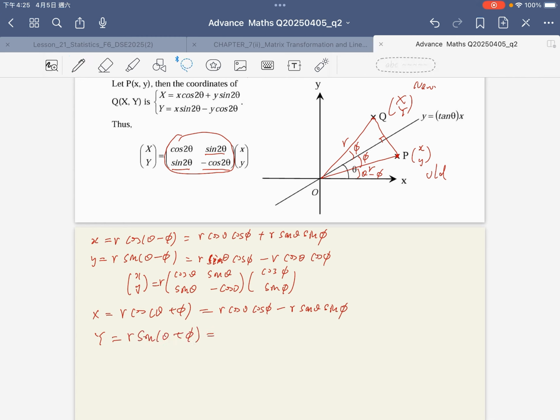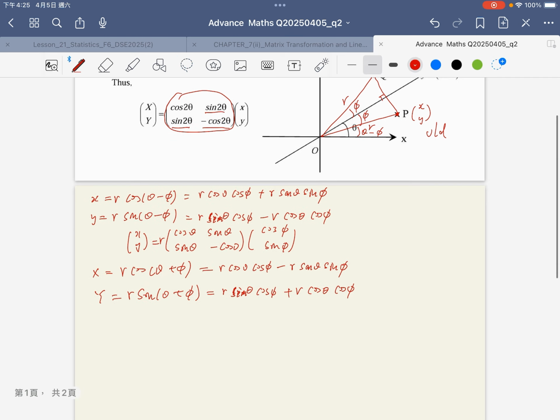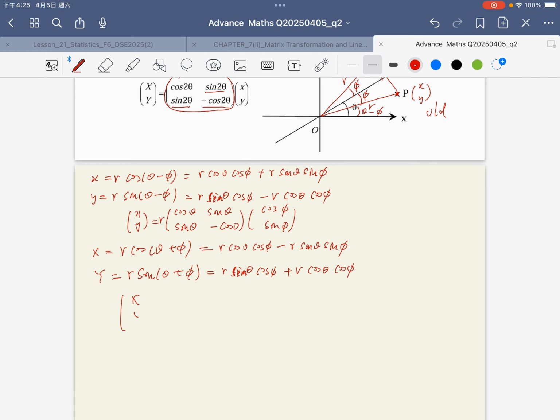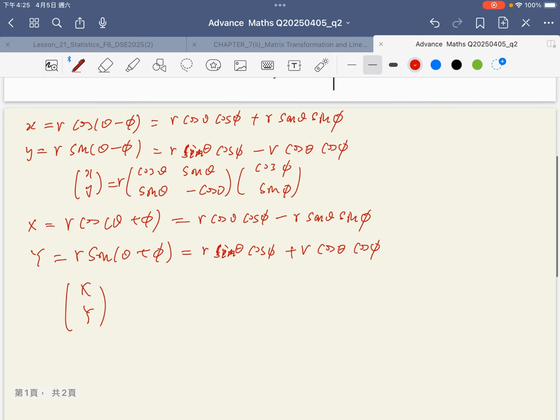Expand this also, and we obtain a similar format, only changing this one to positive. Then capital X, capital Y can be written in a similar form: [cosine theta, negative sine theta; sine theta, cosine theta] times [cosine phi, sine phi].